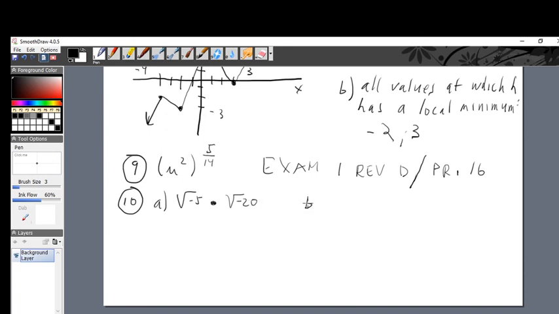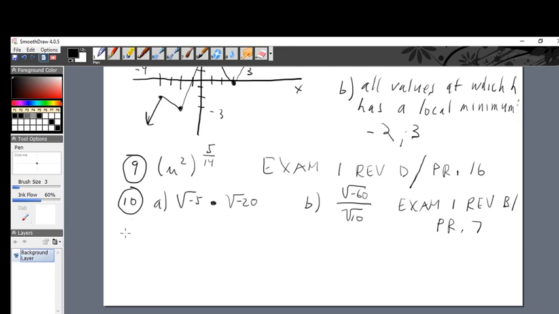B, square root of -60 over square root of 10. And where can you find this? Exam 1, way back there, review B. Problem number 7.